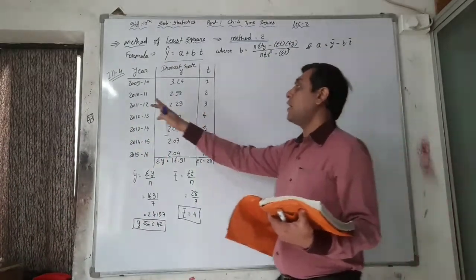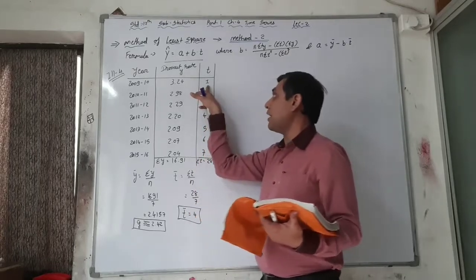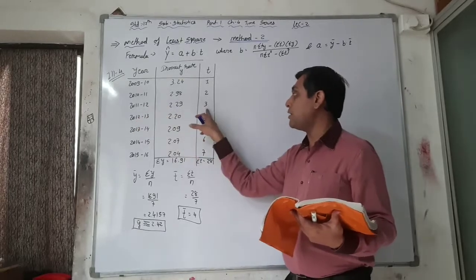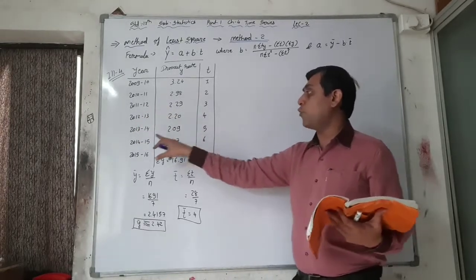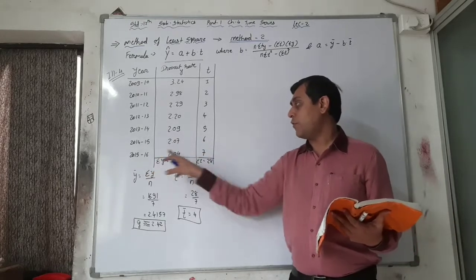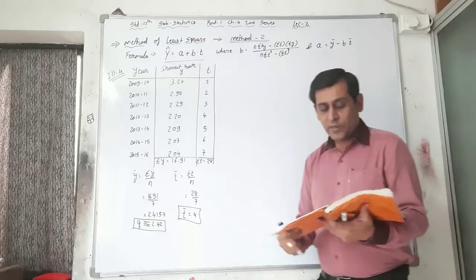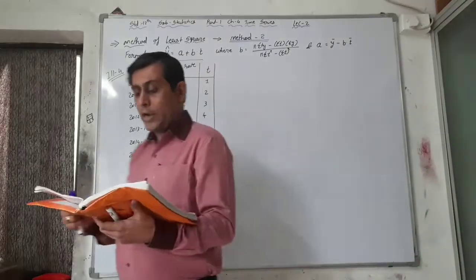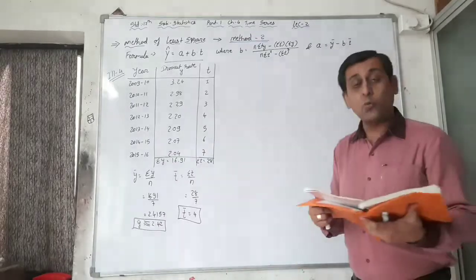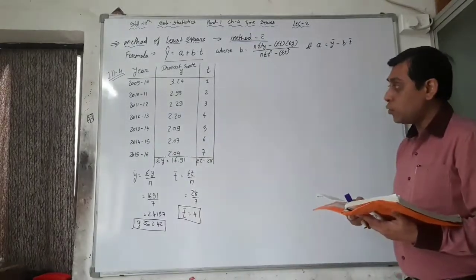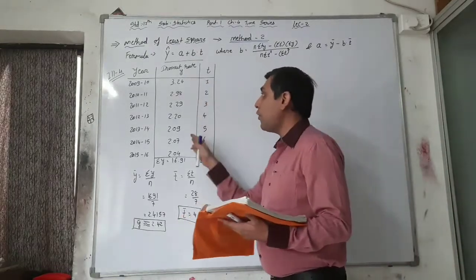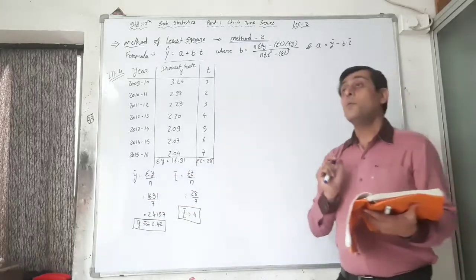So 2009-10 is the first year, that's why we are taking t is equal to 1, 10-11 is equal to 2, 11-12 is equal to 3, 12-13 is equal to 4, 13-14 is equal to 5, 14-15 is equal to 6, and 15-16 is equal to 7. Again, next the dropout rate, that is 3.24, 2.98, 2.29, 2.20, 2.09, 2.07 and 2.04. All the values of y are in percent.